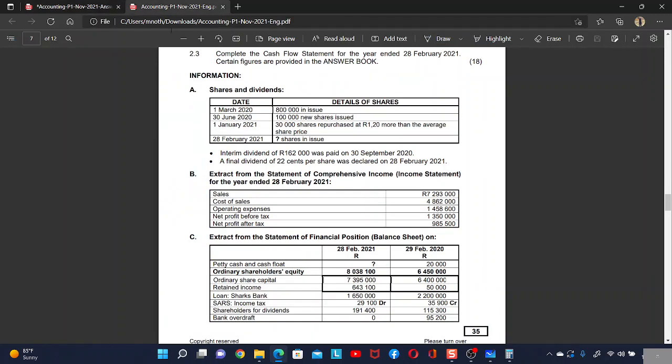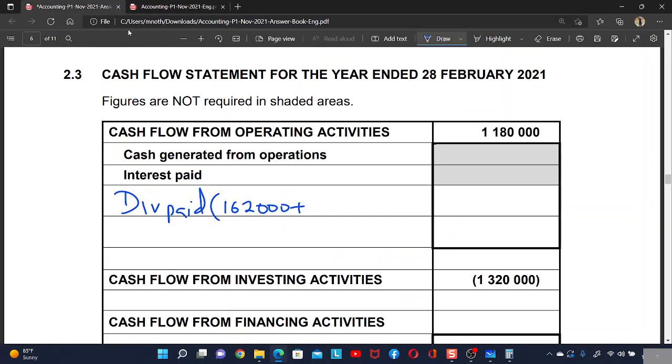I said in the balance sheet, it is shown as the shareholders for dividend. But sometimes you might be asked to calculate it. So this is our shareholders for dividend. This is our final dividend for this year, and then the final dividend of the previous year. So it's 150,000, 115,300.